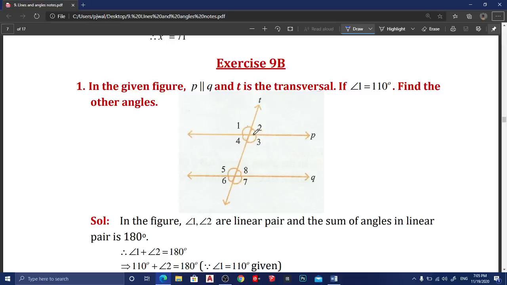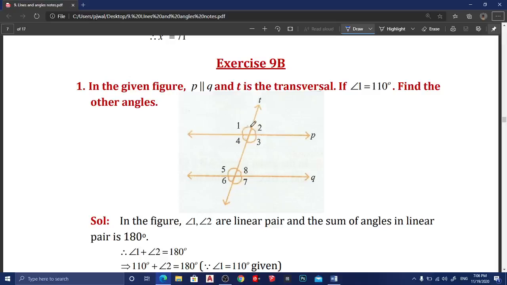Okay. So if you observe here, this line P is intersected by this transversal T, means these two lines are intersecting lines. When two lines intersect each other, they will form linear pair angles like this.